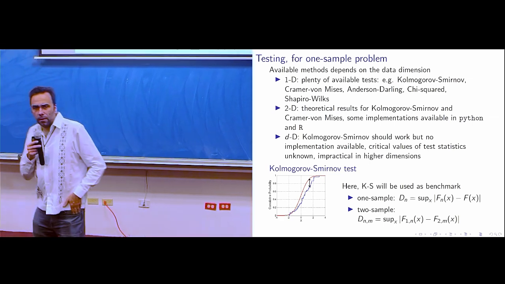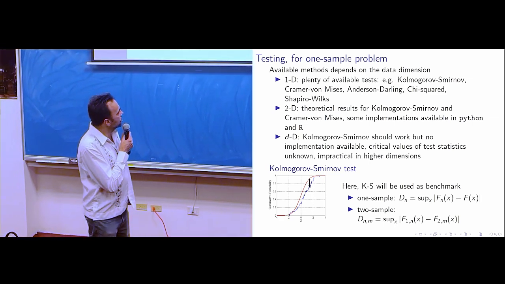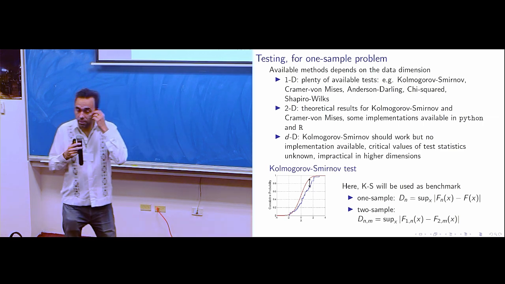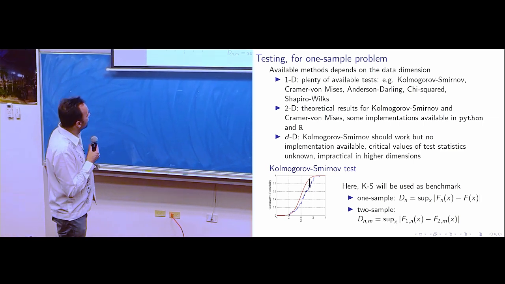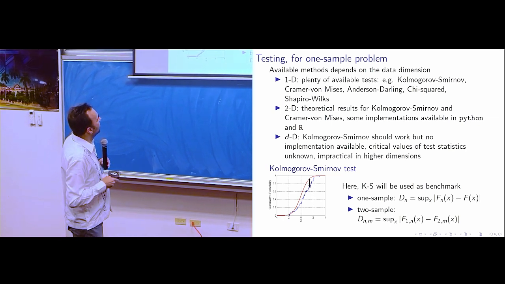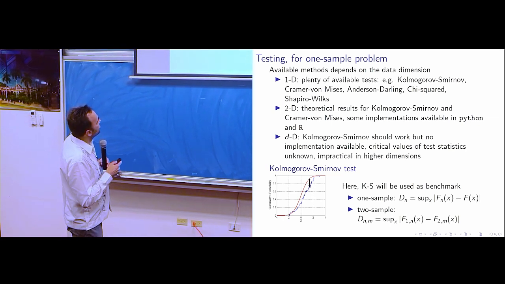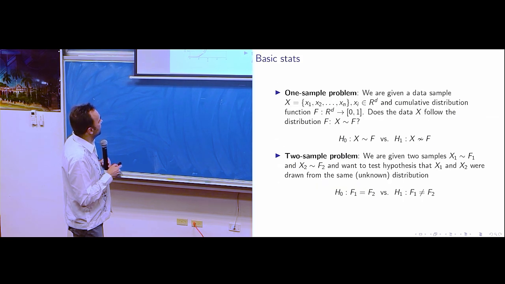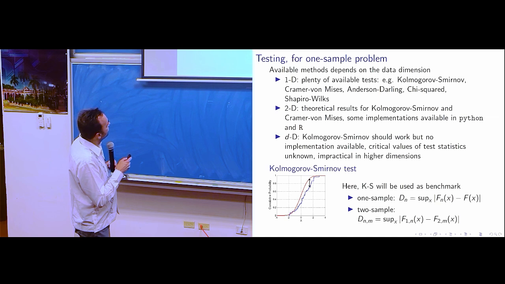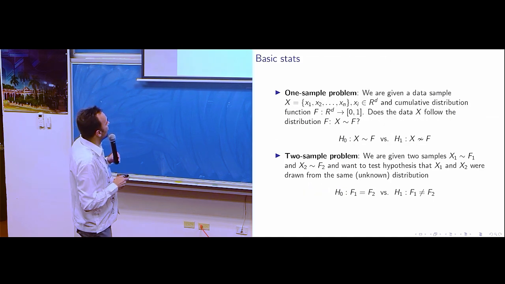Our inspiration was the Kolmogorov-Smirnov test, which I will briefly discuss at the bottom of the slide. With the Kolmogorov-Smirnov test, we are looking at the cumulative distribution function, this F, the red curve. Here again we assume that D is equal to 1.